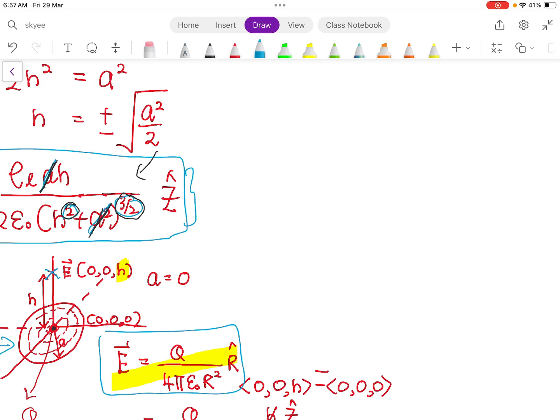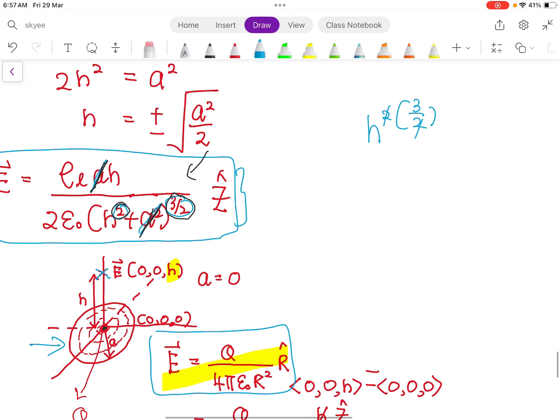So over here it's h square to the power of 3 over 2, so you will get h to the power 3. So now your E will become rho L, so no more a, and then h over 2 epsilon naught h to the power 3.